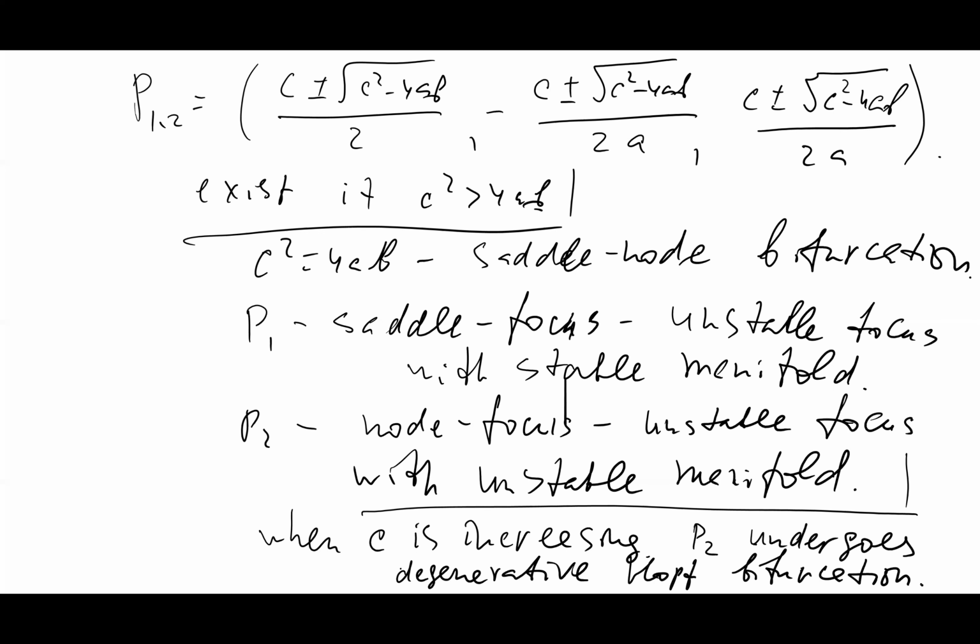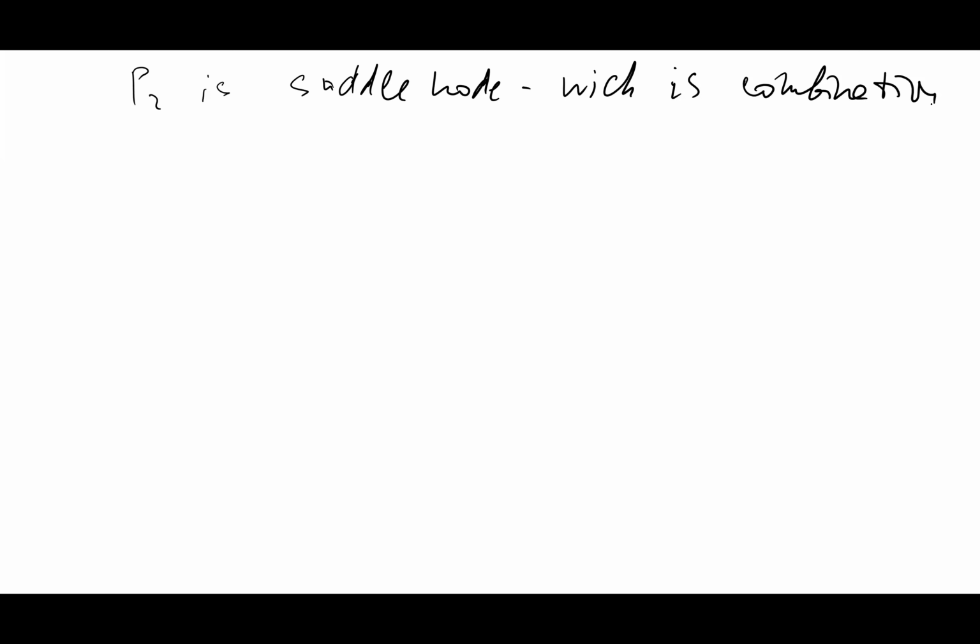So this is a Hopf bifurcation without formation of limit cycles. And what happens to P2? P2 is now, we can call it again a saddle node, which is a combination of a stable spiral with an unstable manifold.